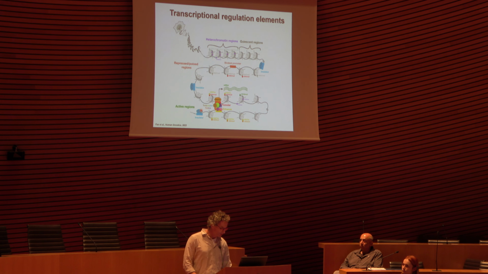So again, for transcription to occur, basically we need a promoter and RNA polymerase, which, based on the DNA sequence, will transcribe the RNAs that will be translated later on to protein.